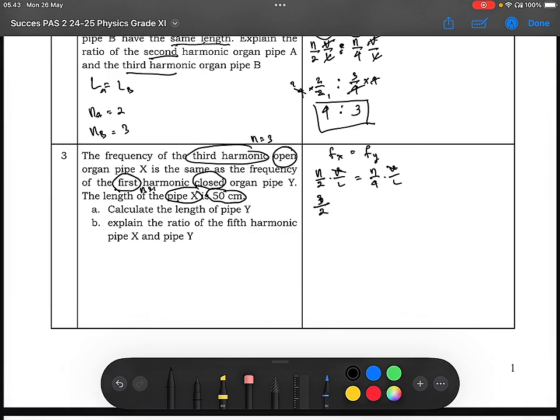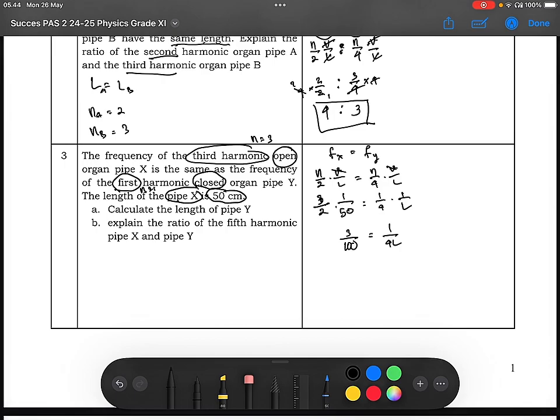So 3 over 2 times 1 over 50, and then for Y, the first, 1 over 4L. 3 over 100 equals 1 over 4L.